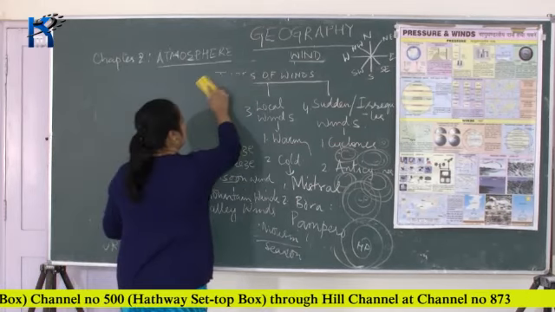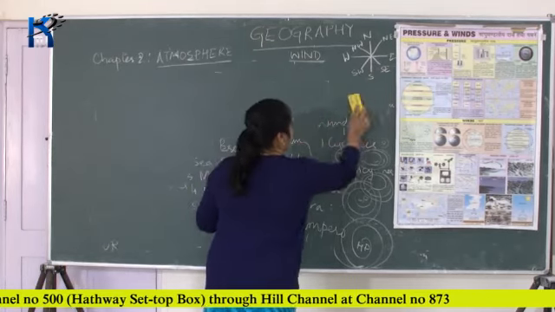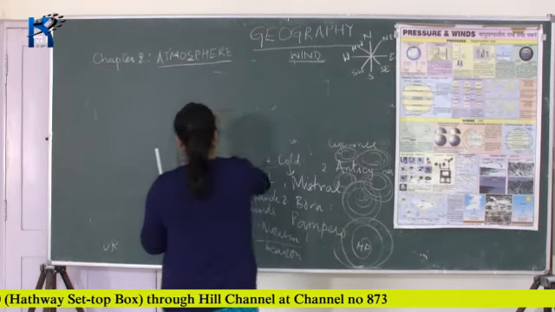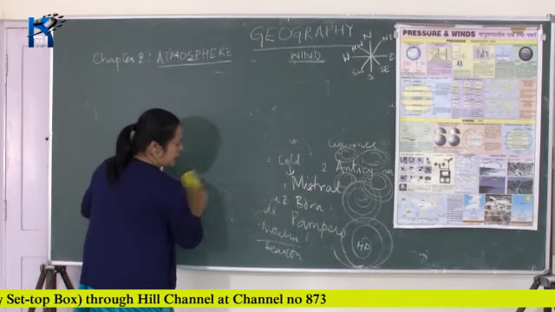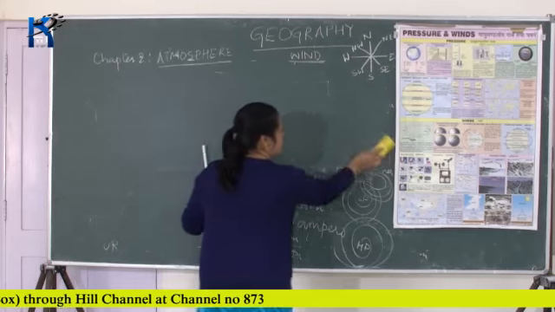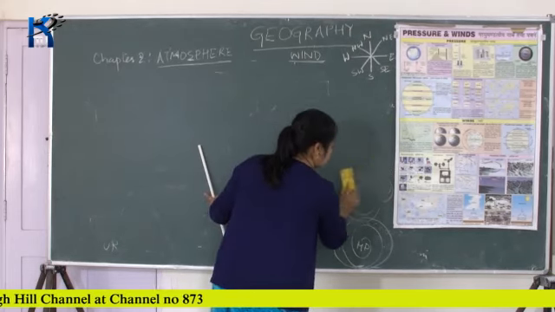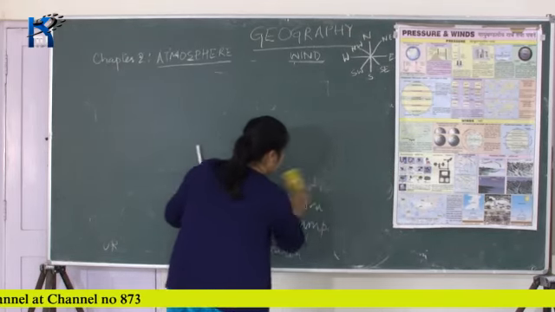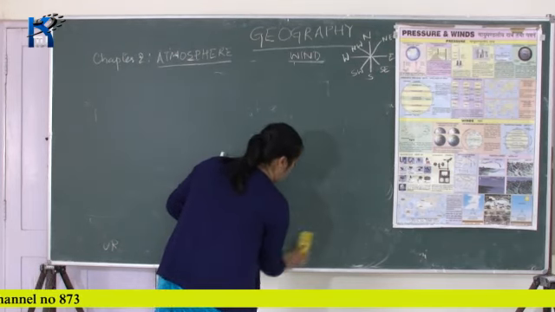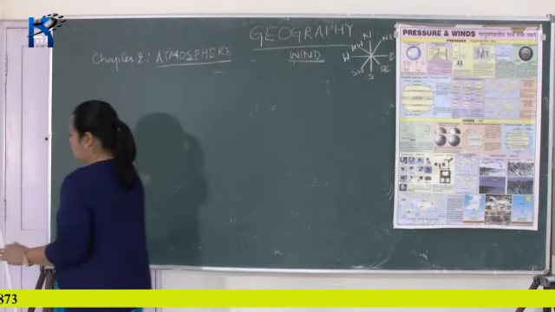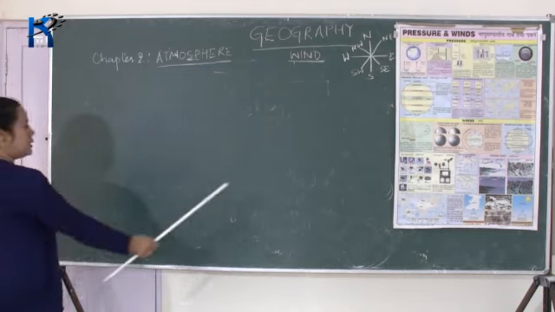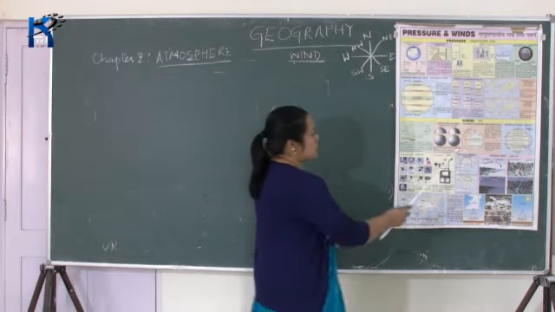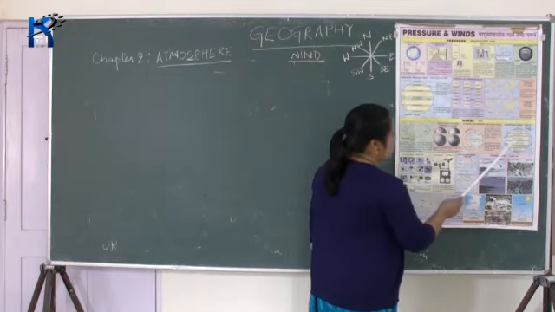So, these are all about the types of wind. Cyclones are of two types. The cyclones are developed in two regions, that is, the tropical region and the temperate region.